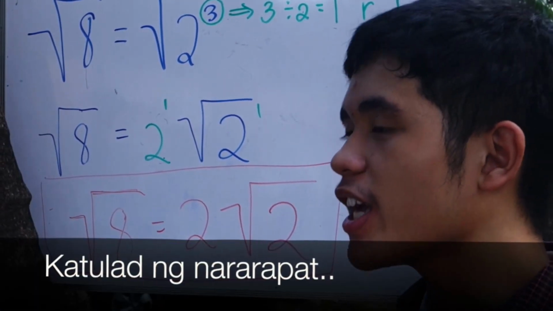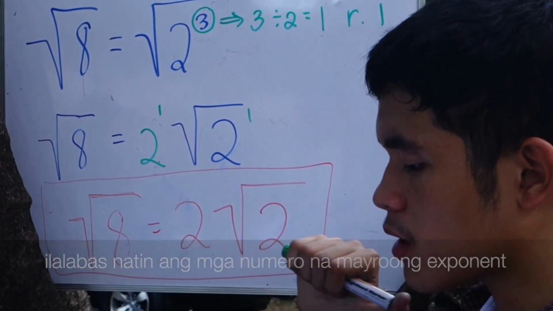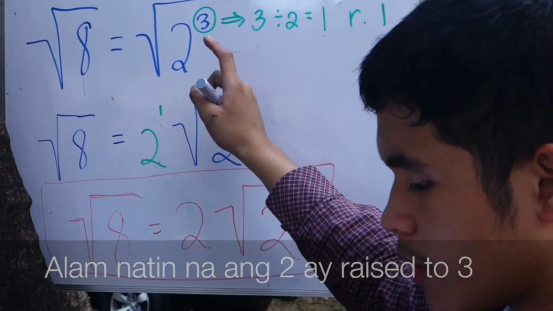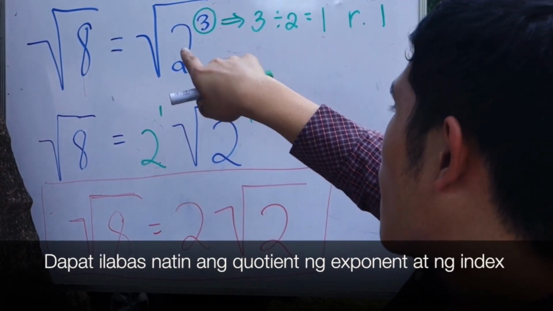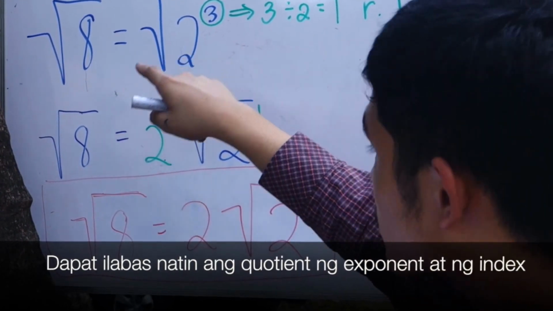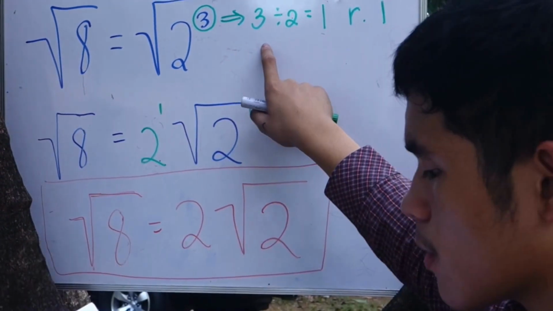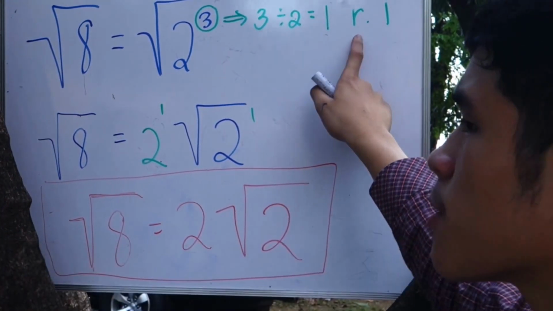As the procedure states, now take out the numbers with exponents. So we know that 2 is raised to 3, so we shall take this out. Now we get the quotient of the exponent and the index: 3 divided by 2 is 1, remainder 1.